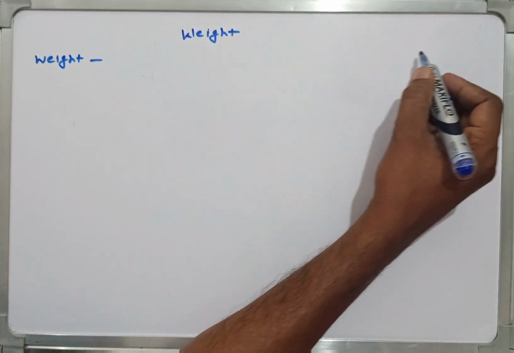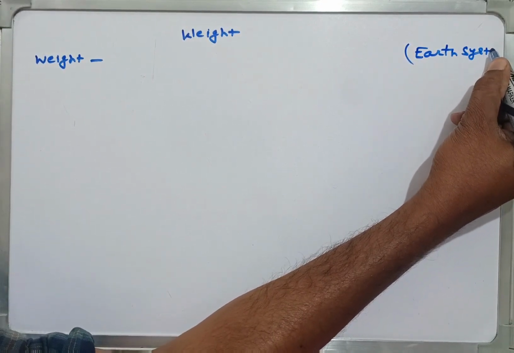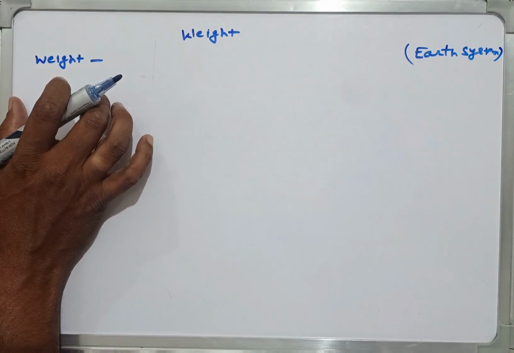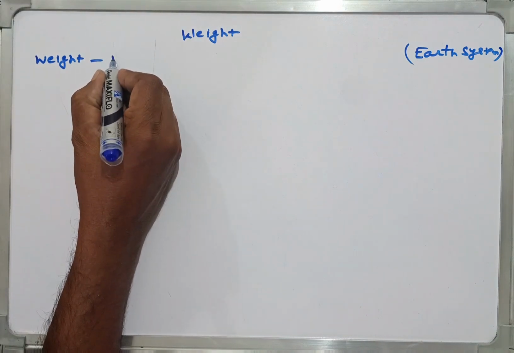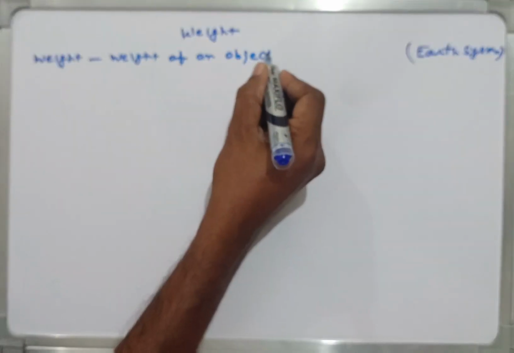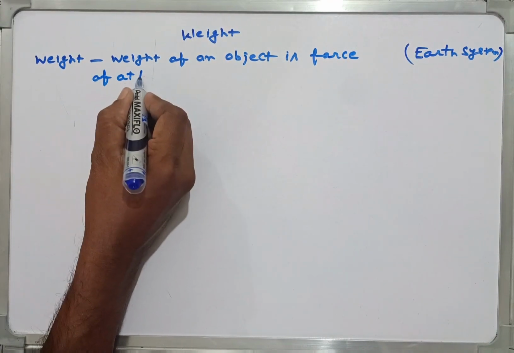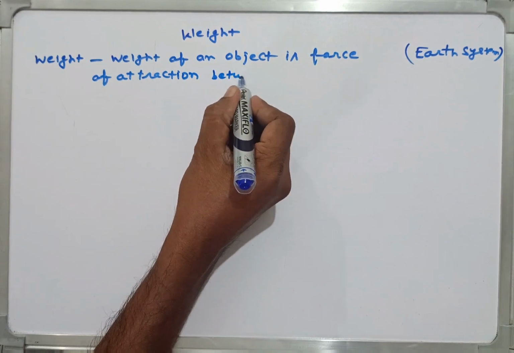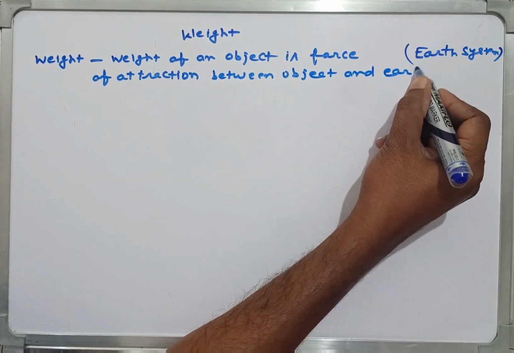If we are talking about the earth system, we are measuring the weight of an object on, or you can say near, the earth's surface. The weight of an object is the force of attraction between the object and earth.